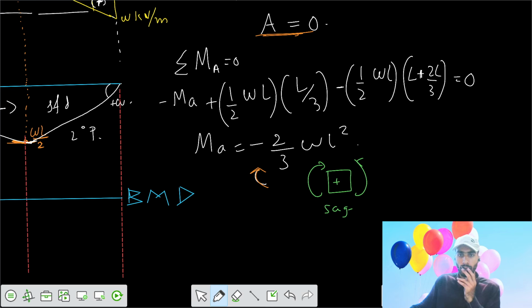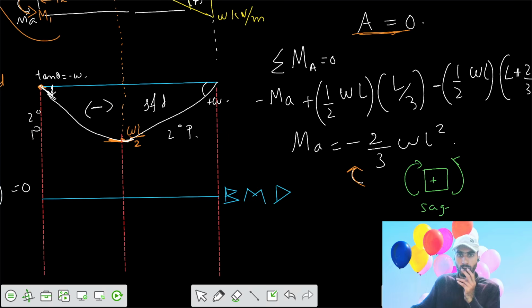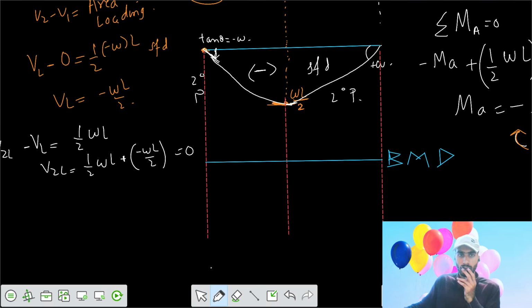So your bending moment diagram is positive 2 by 3 WL square. So your value of BMD at the cantilever support is equal to 2 by 3 WL square. Now see the slope here.